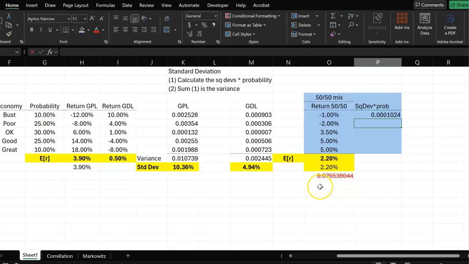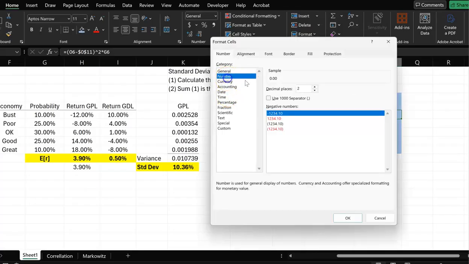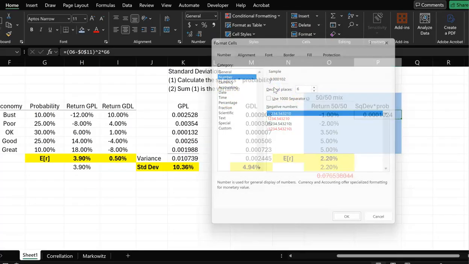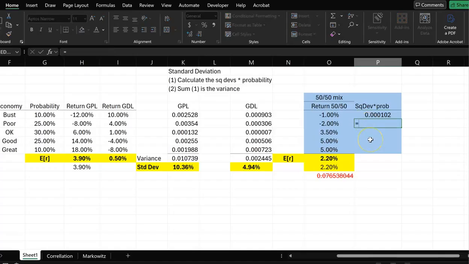Right? And just to be clear, I'm going to do that again. Let me format these so that they look like the others. All right. So I'm going to take that return minus the expected return. I'm going to square that result and I'm going to multiply times the probability that that could happen.